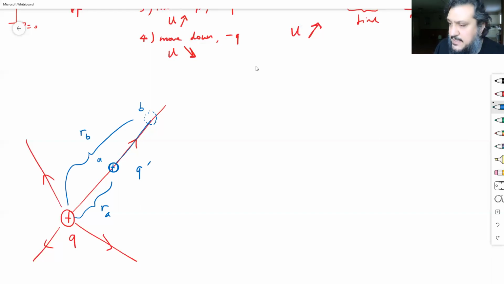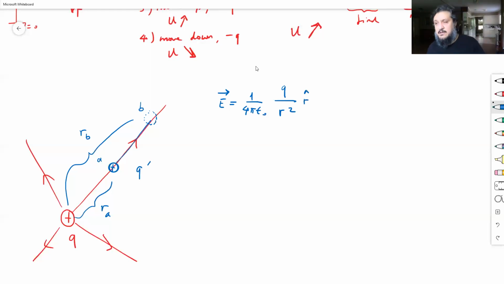Now I know that the electric field can be easily found using 1 over 4 pi epsilon 0 Q over R squared, right? It's radially outward. I can write it as a vector by putting this hat on R. That's the unit vector. So the force is equal to this field times Q prime.